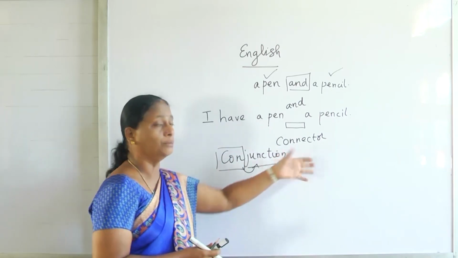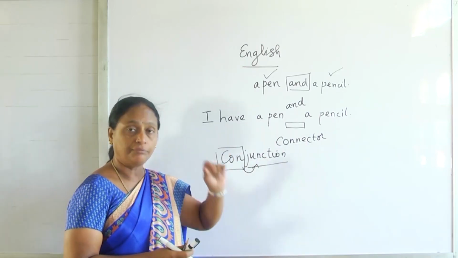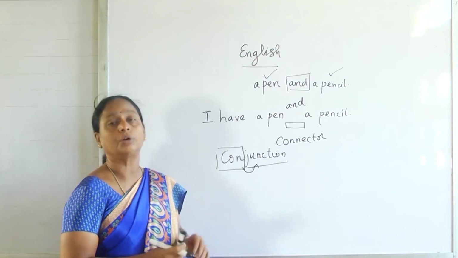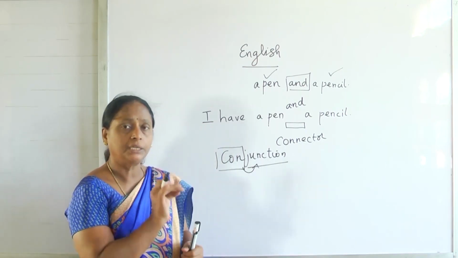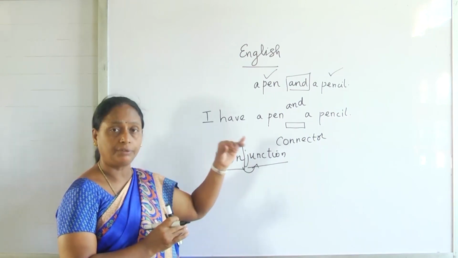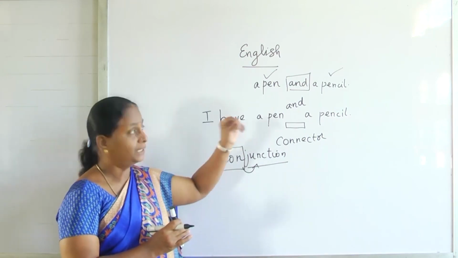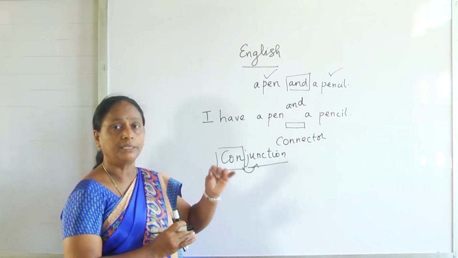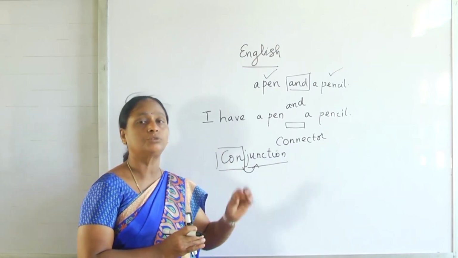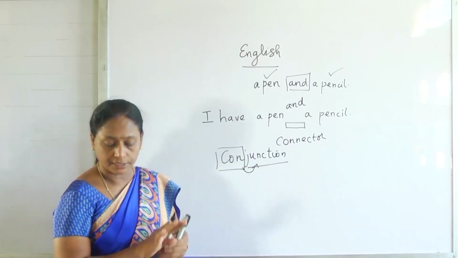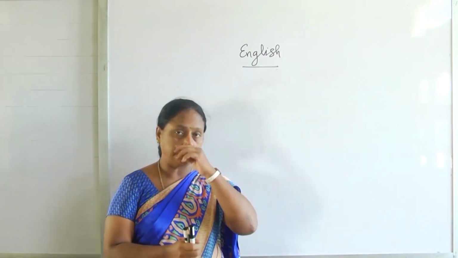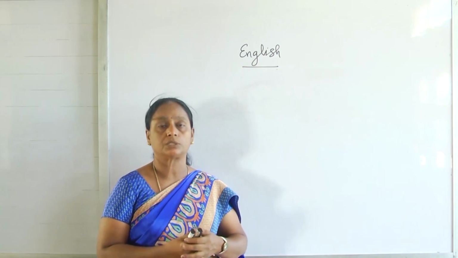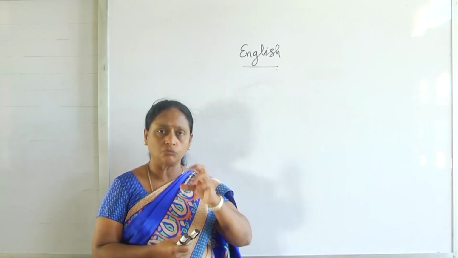We can write n numbers of words and we need a connector to connect the words or sentences. Why do we need a connector? We need a connector, then it gives a complete meaning to join the sentence. For example, when you are going to learn from the lower class, we need some words alone.